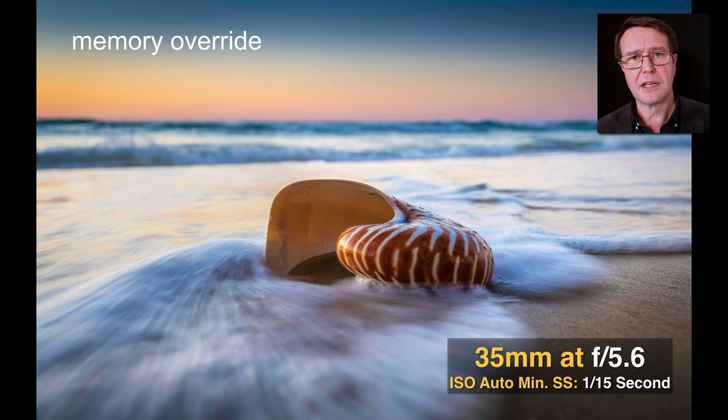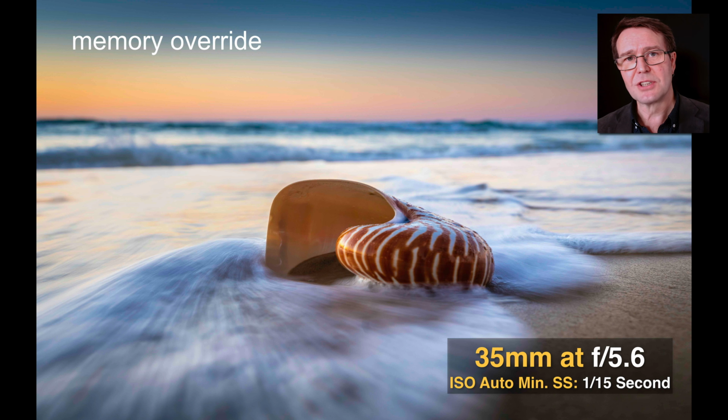And I've gone into the ISO auto minimum shutter speed, and instead of setting slow or slower, I've actually gone in and selected a specific shutter speed. That's 1/15th of a second, and that was dictated by the amount of movement drag that I wanted on the water coming around the side of that shell.